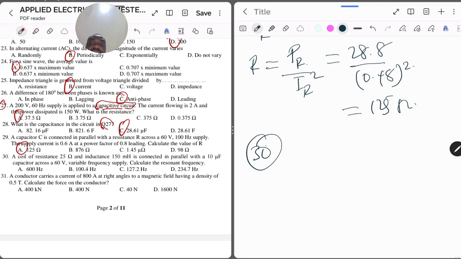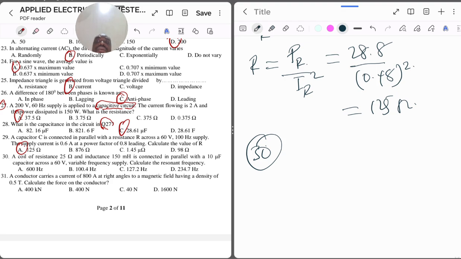Now, question 30: a coil of resistance 25 ohms and inductance 150 millihenries is connected in parallel with a 10 microfarad capacitor across a 60 volt variable frequency supply.